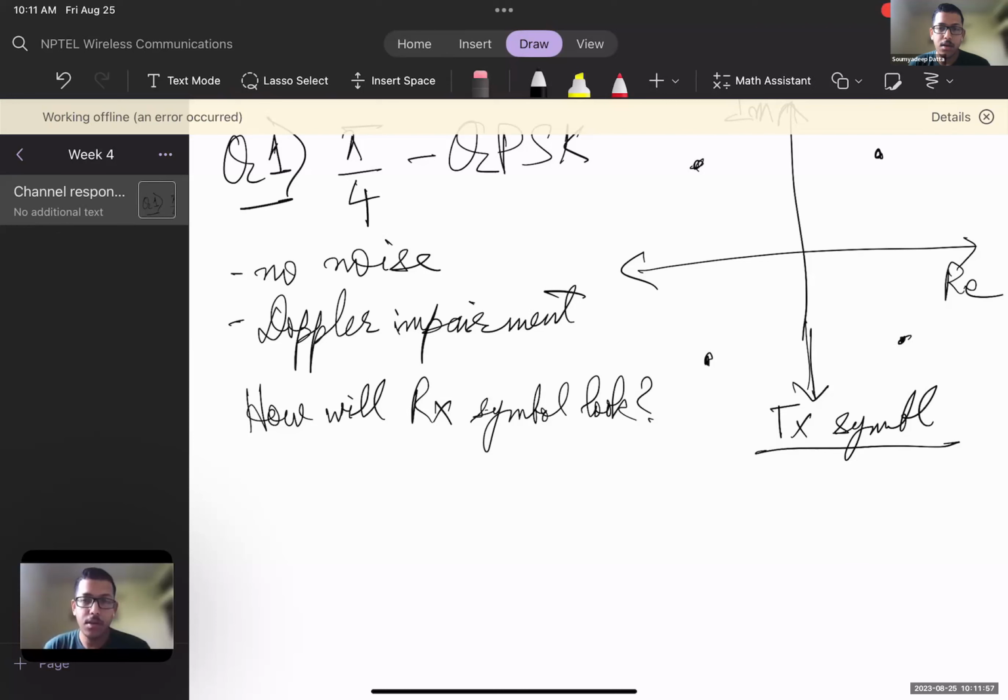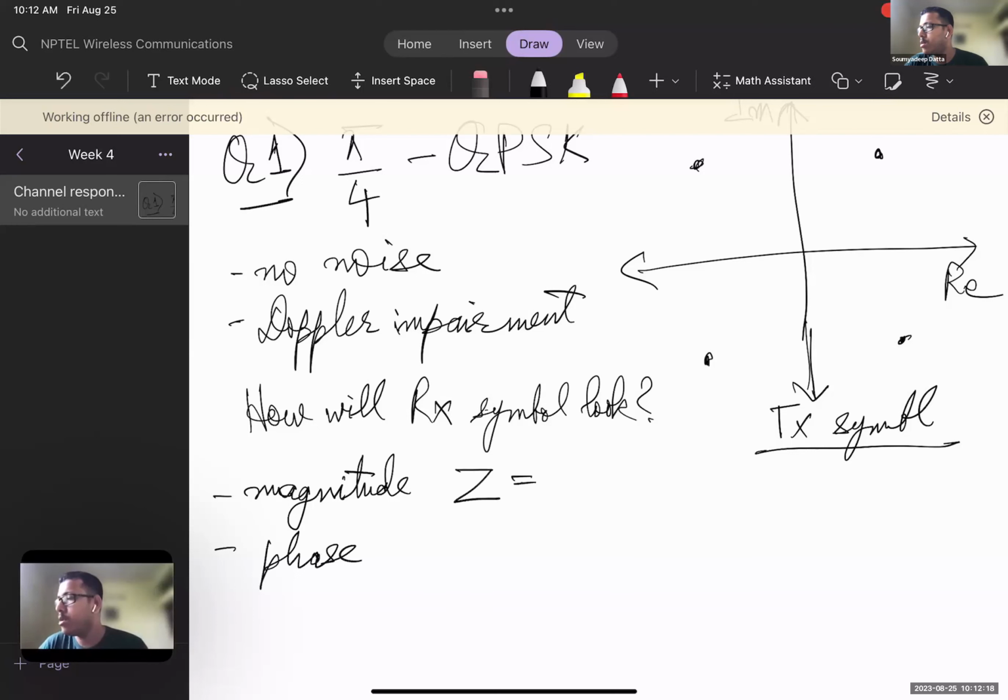We'll guide you through this. There are two components in a complex signal: magnitude and phase. Any complex number z can be represented as mod z e to the power j argument of z.